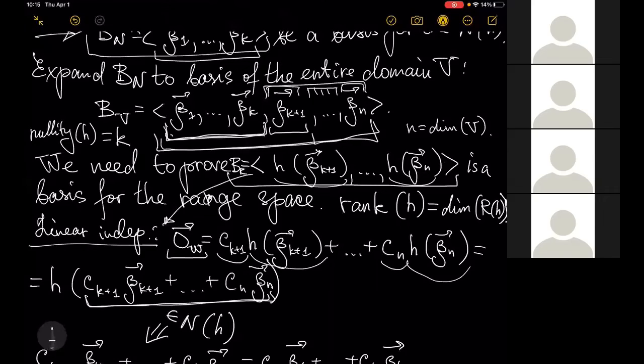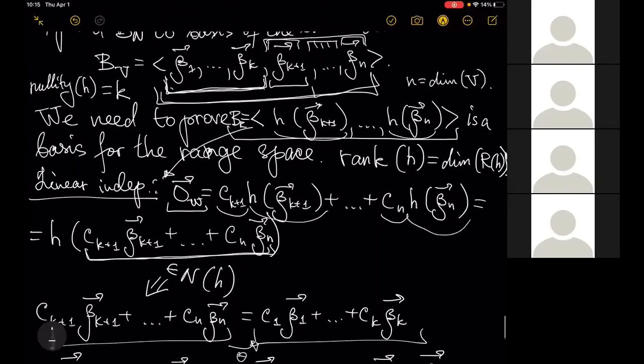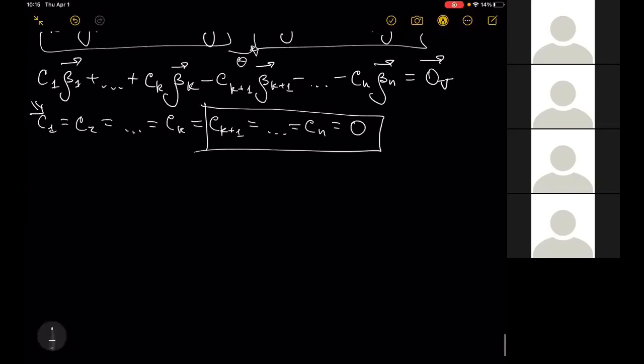Now I have shown that these vectors are linearly independent. Now I need to show that they span the range, right? So that these vectors span the range.